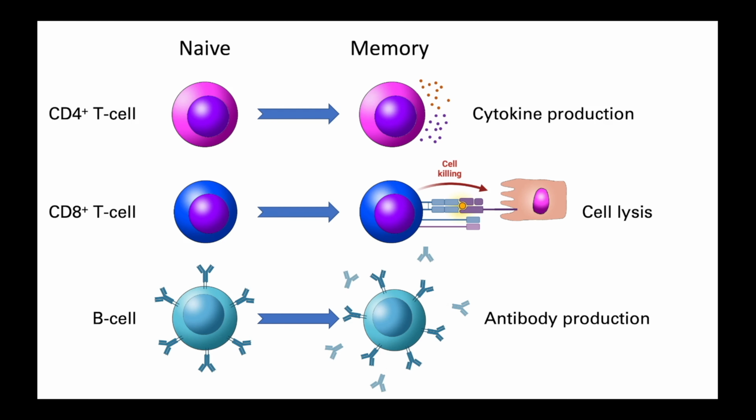So CD4 positive T cells or helper T cells will produce a variety of cytokines to help direct the immune response. CD8 positive or cytotoxic T cells will become activated against cells displaying a complementary antigen in their MHC molecule and initiate cell lysis, whilst B lymphocytes will differentiate into plasma cells and start producing vast quantities of antibody.